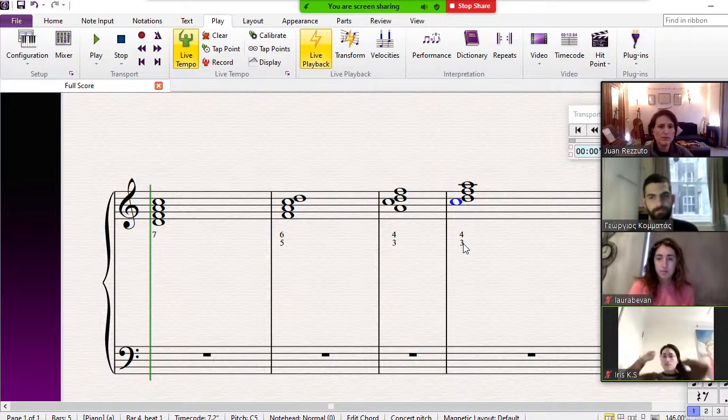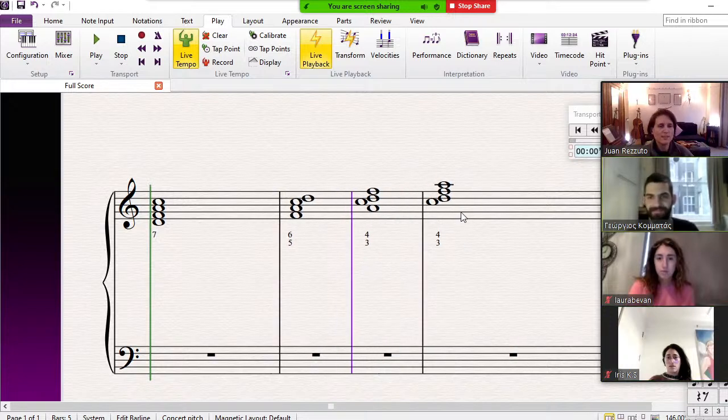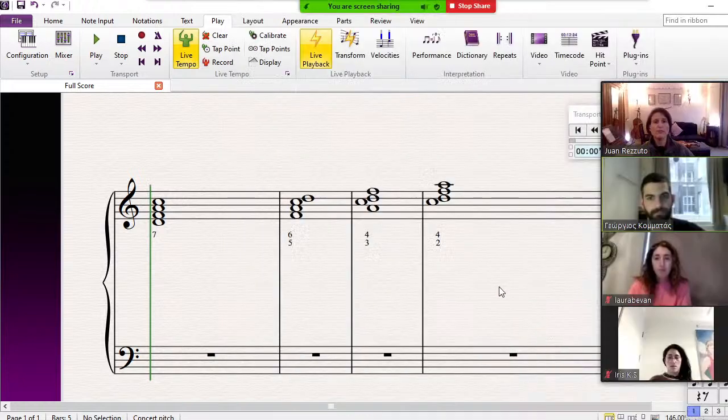Gerd. Third inversion. Absolutely. How do we write it? Which is the figure bass? 2 or 4-2. Okay, fantastic. Very good. So we have the twist. Okay, 4-2, there you go.